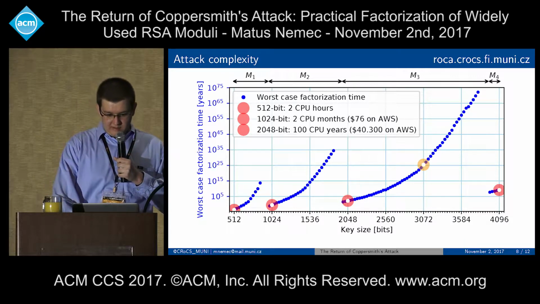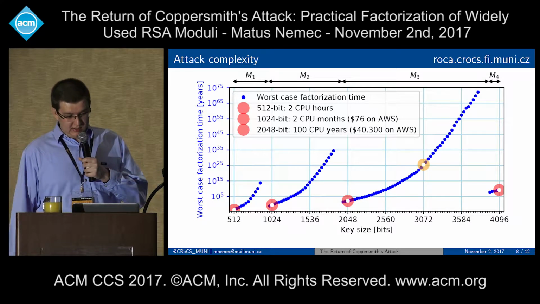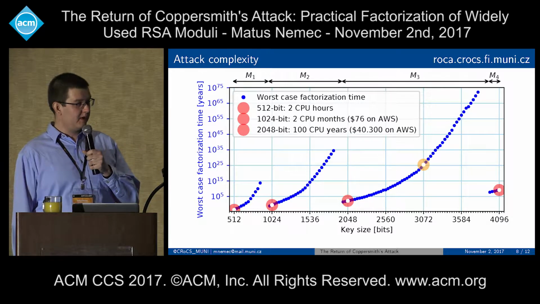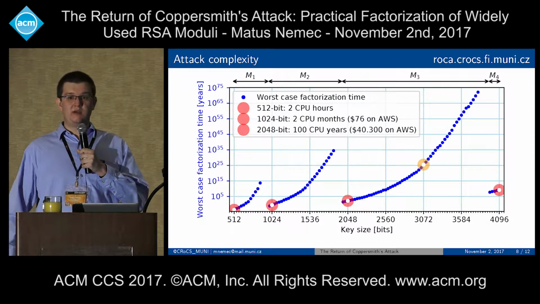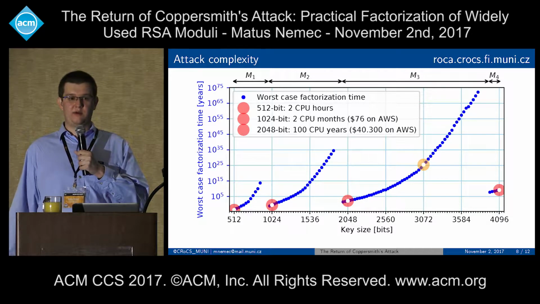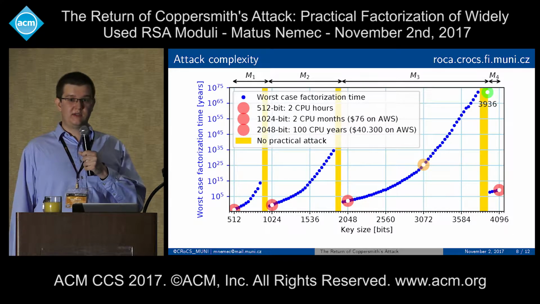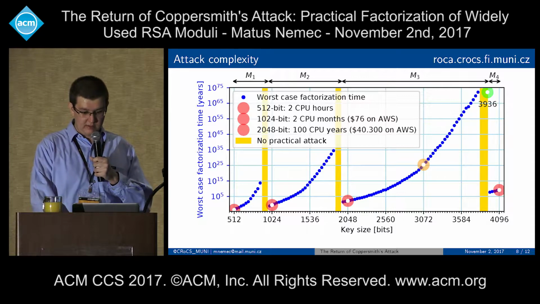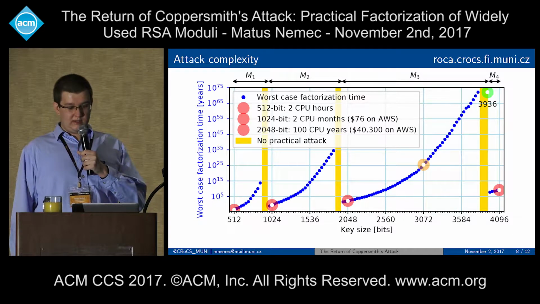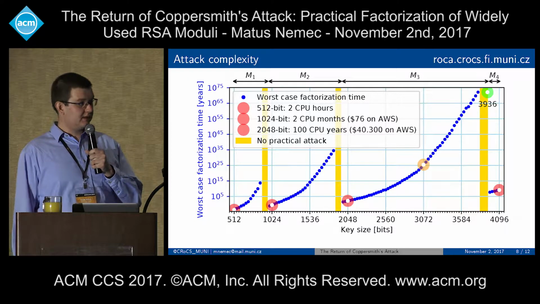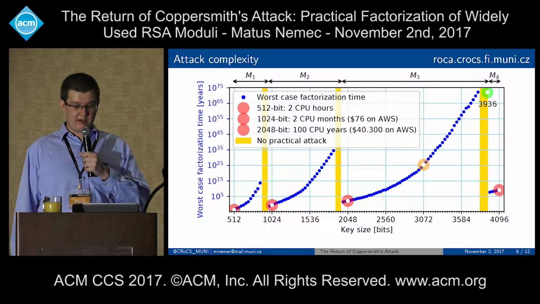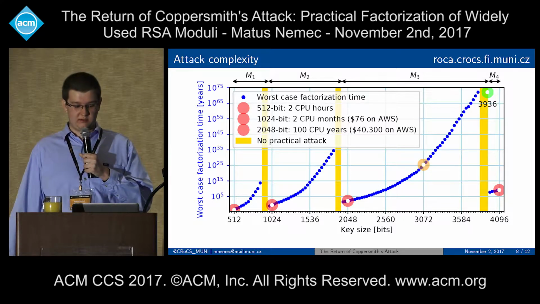These gaps are caused by the fact that the size of M can become smaller than required for Coppersmith attack, which means for certain key lengths, this is less than half of the bits of the modulus, of the prime, sorry. One such key length is 3936 bits, which is not practically factorable by our method because the conditions are not met.